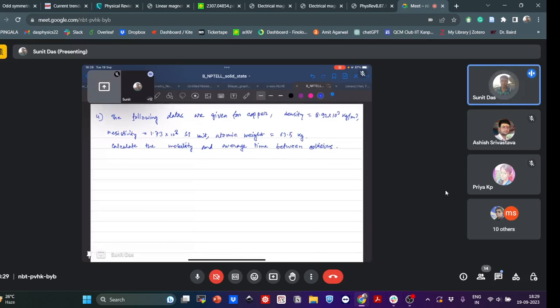Based on the following: density of copper, resistivity is also given, and then atomic weight. We need to calculate, number one, mobility, and then the average time between the collisions, which is basically tau, we usually denote. So there is no option. Find the answer and let me know in the chat box.